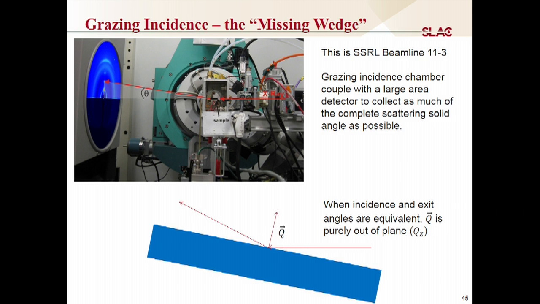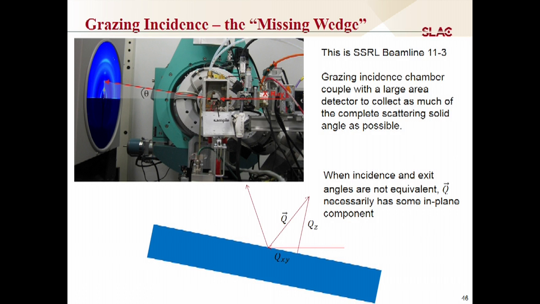And so that's satisfied for one single point on your detector. But if the incidence and exit angles are not the same, then Q actually starts to tilt out of the surface normal a little bit, and you have some small in-plane component in your Q vector. And so what you start seeing is no longer the purely out of plane, but now some mix of out of plane and in-plane structure.